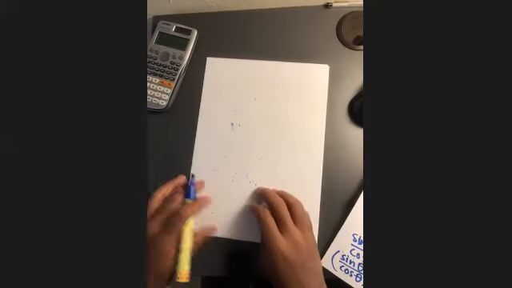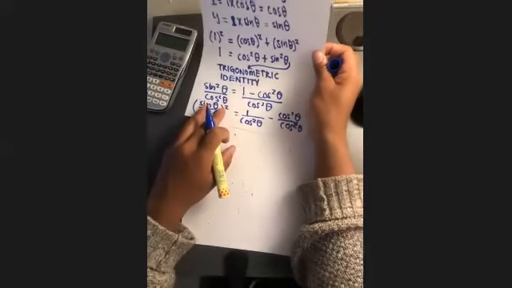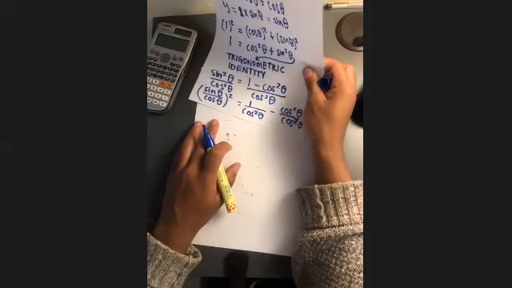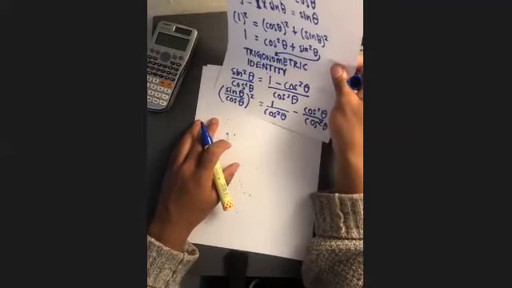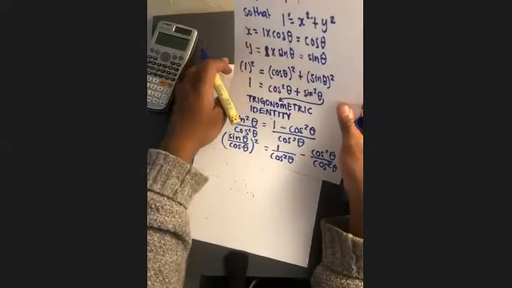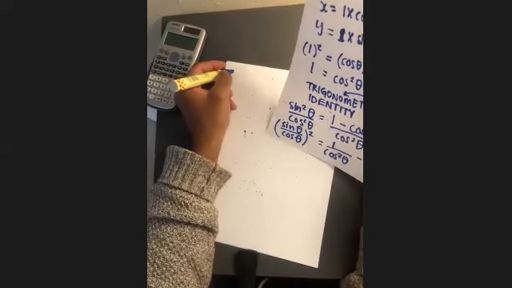So if you just look at this again, we know that sine theta over cos theta is just equal to the tan of theta. If you didn't know that, now you know that the sine of theta over the cos of theta is just equal to the tan of theta.